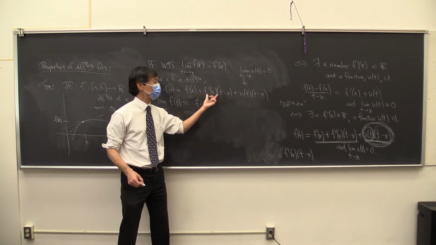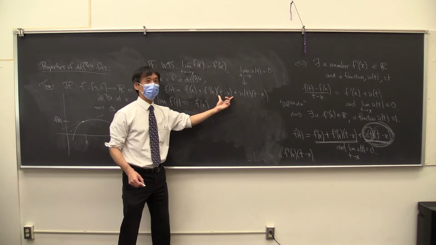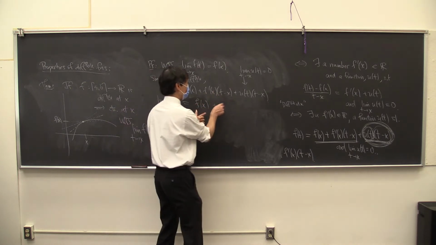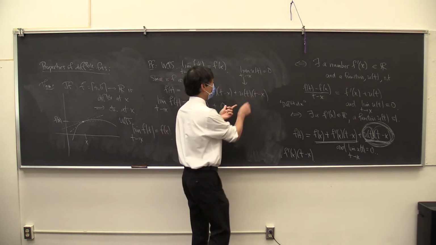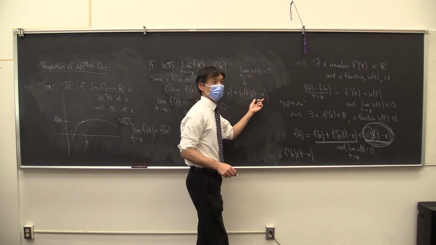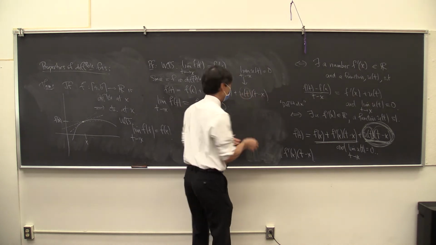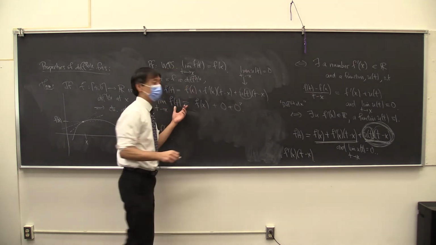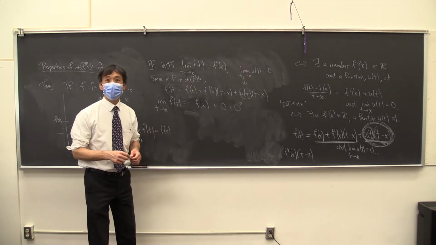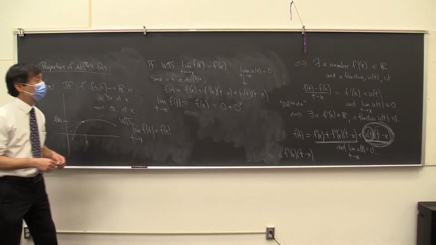You get 0, because this is a constant times something that goes to 0. So it's f of x plus 0. What happens to this thing? Also 0, because this thing goes to 0 and this thing goes to 0. So 0 squared. Okay. So you get f of x.